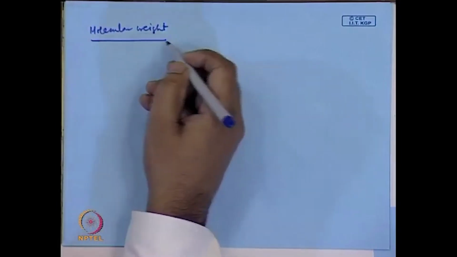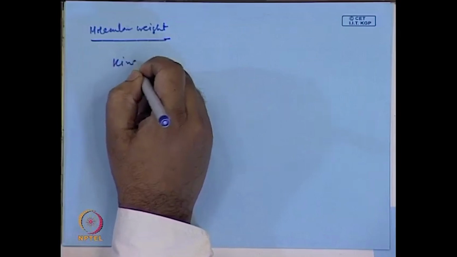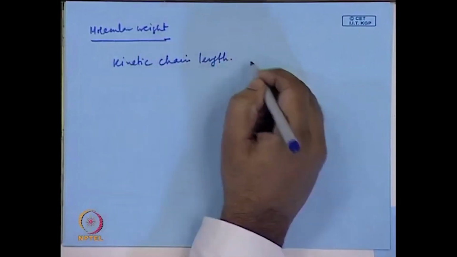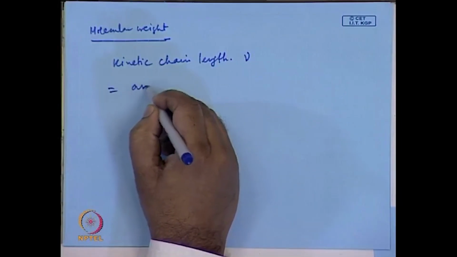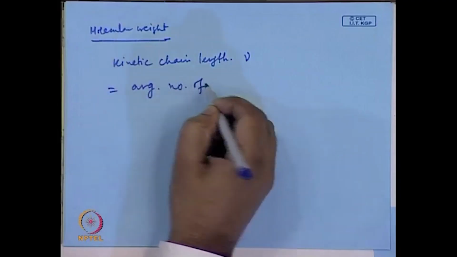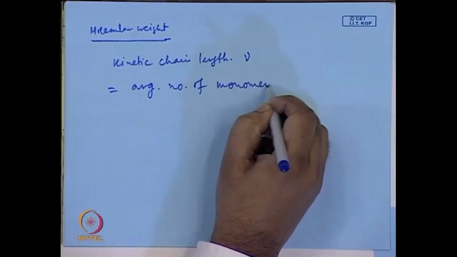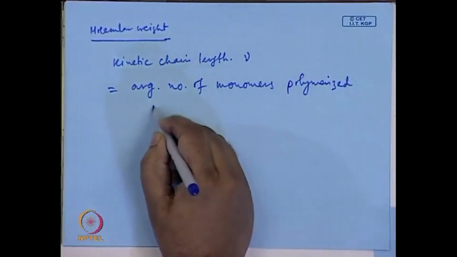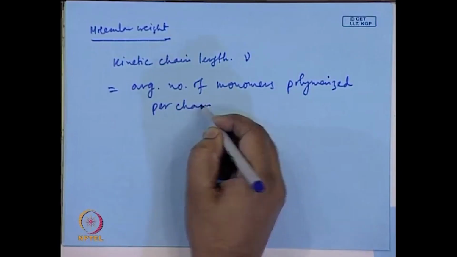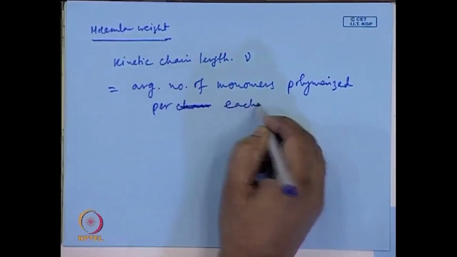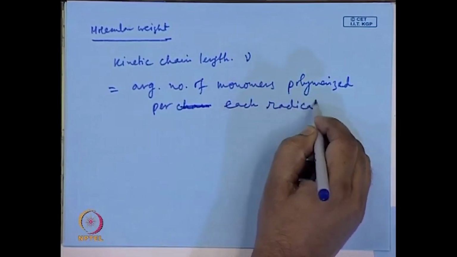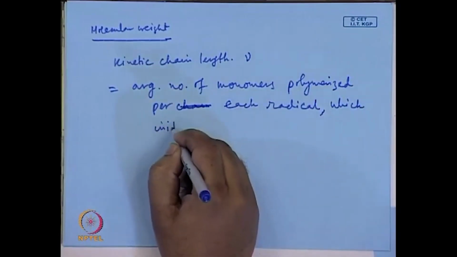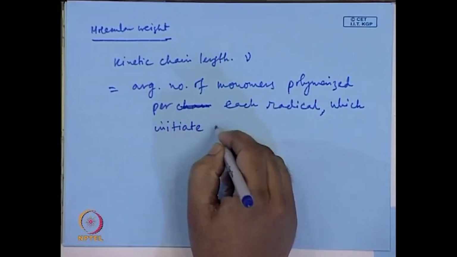Before we come back to the discussion on molecular weight, we will define a term, kinetic chain length, nu, which is the average number of monomers polymerized for each radical which initiates a polymer chain.